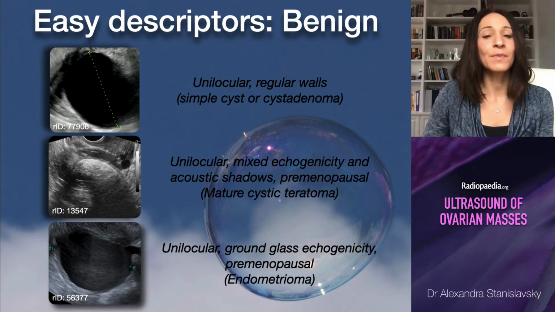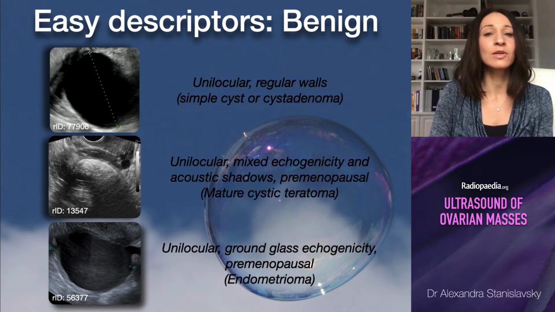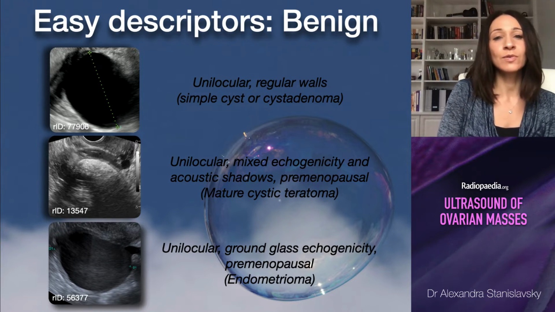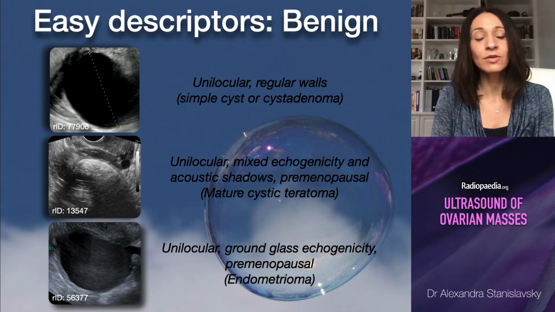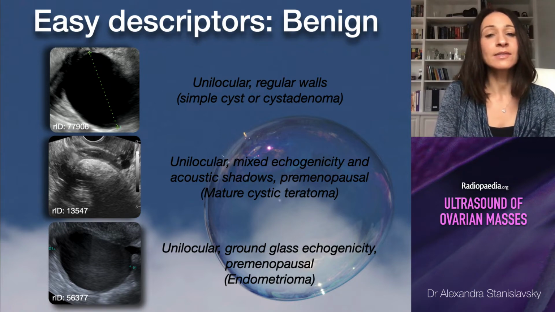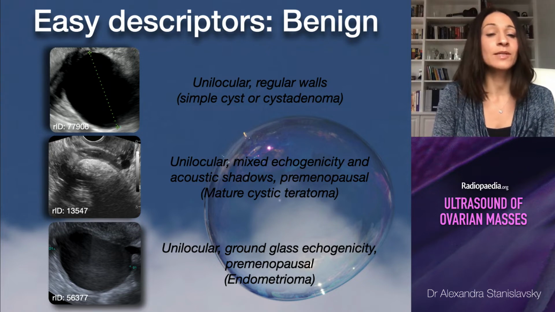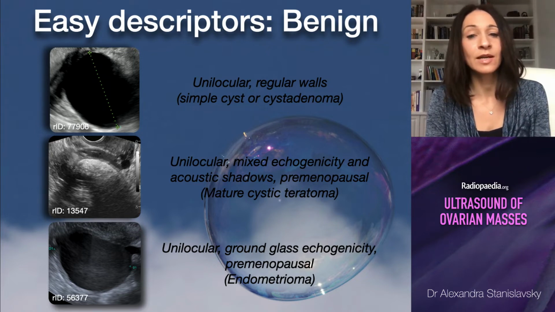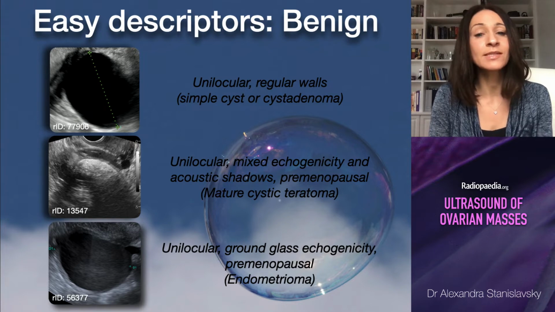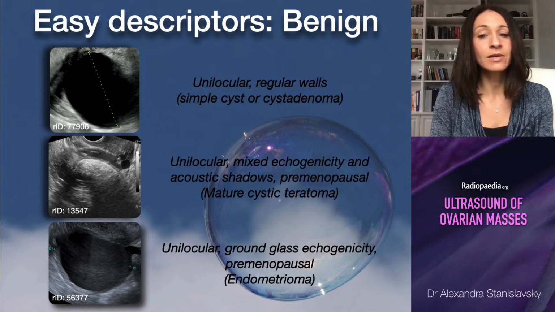So unilocular cysts with regular walls, which are generally simple cysts or cystadenomas; unilocular cyst with mixed echogenicity and acoustic shadows in a premenopausal patient, so in other words, a typical appearance for a mature cystic teratoma, dermoid cyst; or a unilocular ground glass echogenicity in a premenopausal woman, so in other words, features consistent with endometrioma.